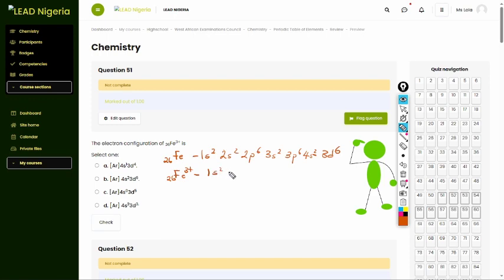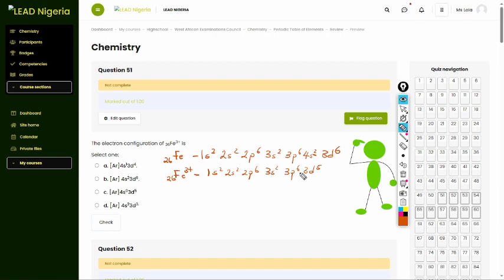So you have 1s2, 2s2, 2p6, 3s2, 3p6, and then 3d5. So 2 plus 1 from here makes 3 electrons lost. Now notice that the configuration here uses the argon configuration as the prefix. So argon is element 18. It has 18 electrons. So let's count where 18 stops. 2 plus 2 is 4, plus 6 is 10.